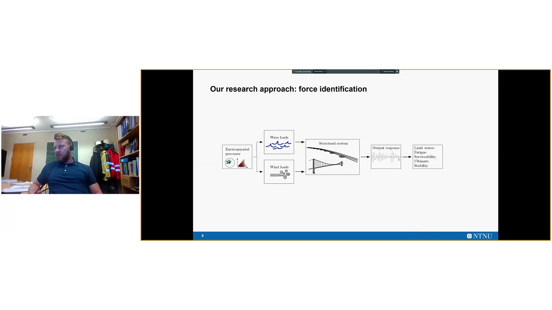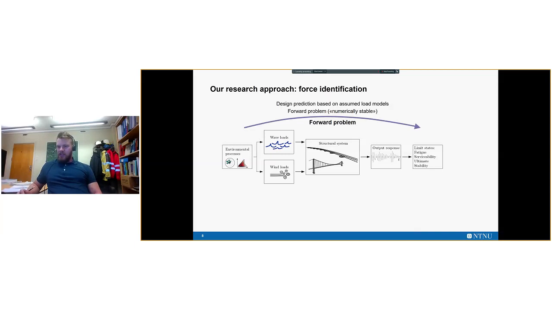And due to the structural properties, we get some output response that is dynamic. And from this output response, we can always evaluate the different limit states we are interested in. We can check if the structure has sufficient capacity to withstand the stresses it is exposed to, and so on.